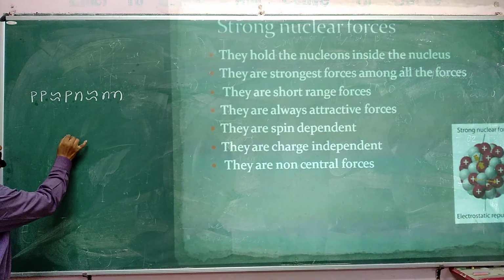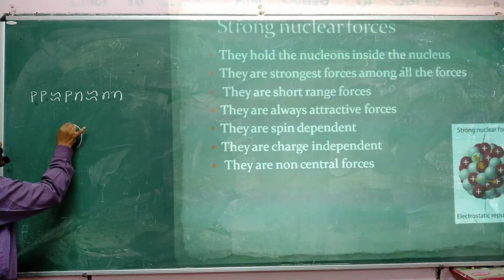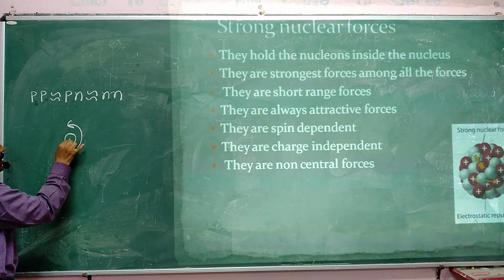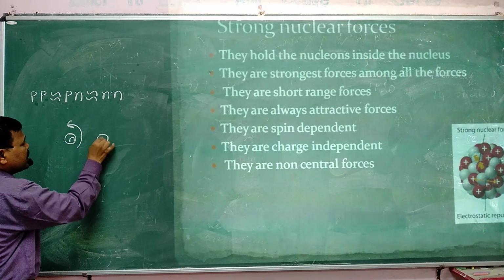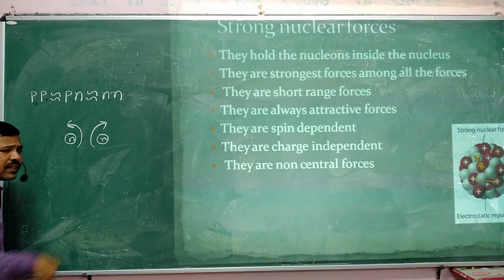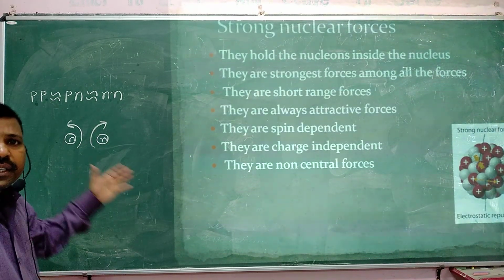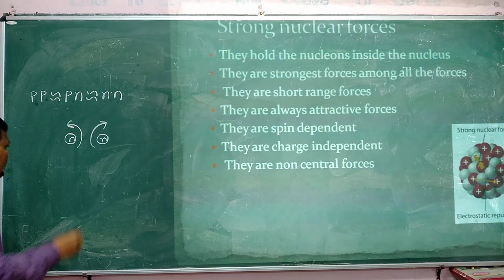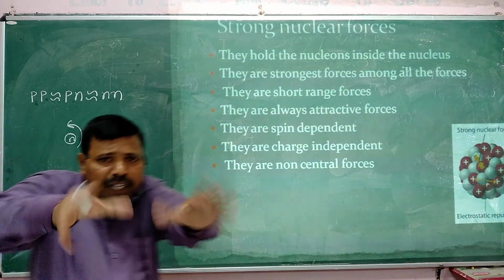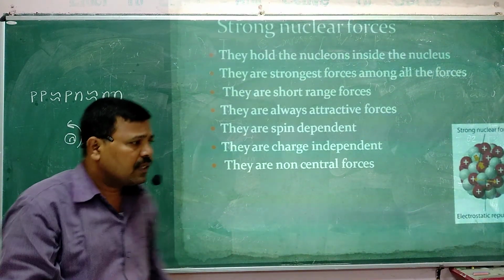Suppose one neutron is rotating like this and another neutron is rotating like this, there is an attractive force. But here, the spins of the particles are opposite.